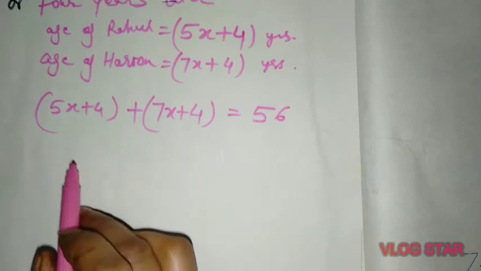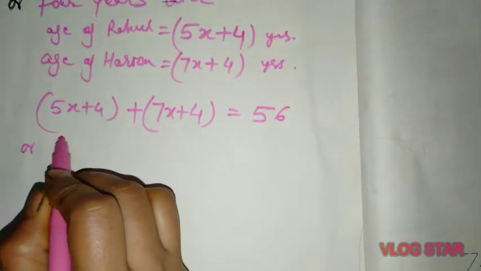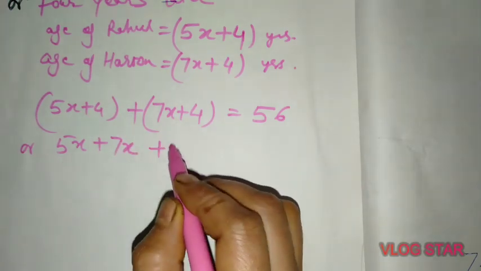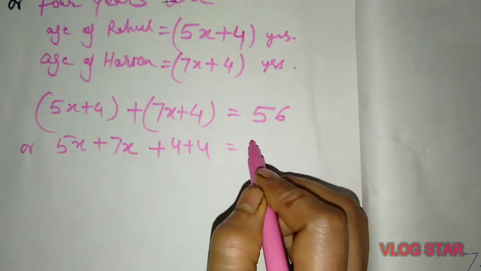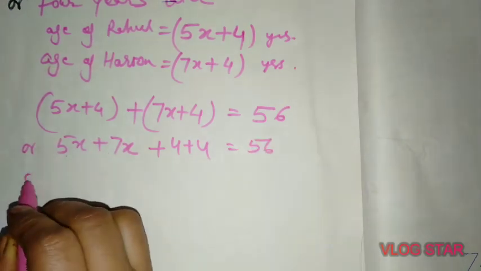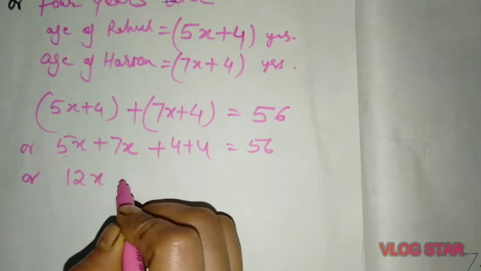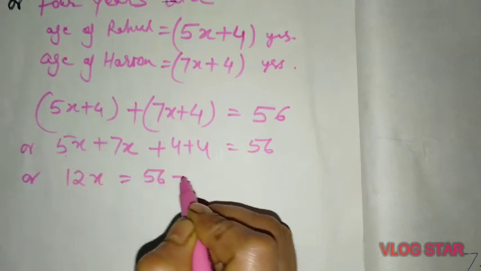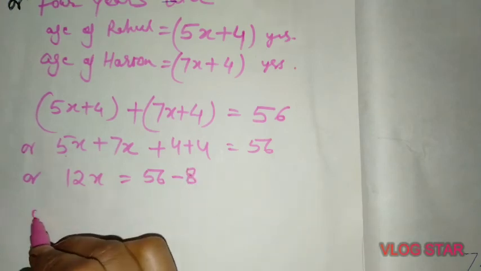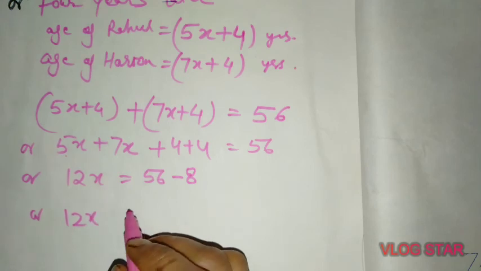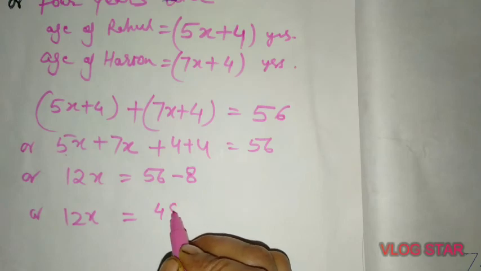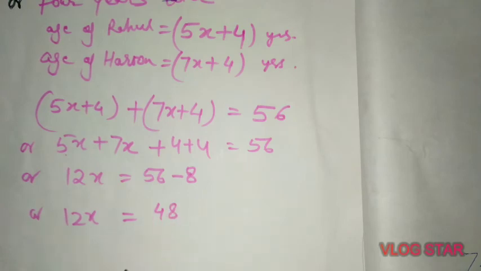Now you have to solve this. 5x plus 7x, variables added together, plus 4 plus 4 is 8, and 5 plus 7 is 12x. 12x is equal to 56 minus 8, so 12x is equal to 48.